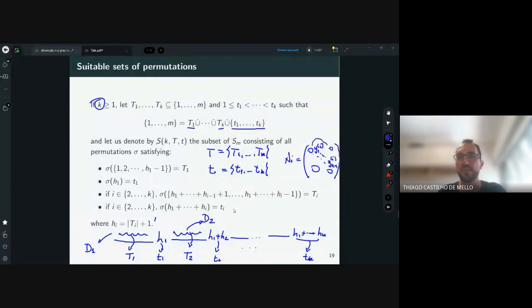So the only non-zero entries are in these entries above the main diagonal. Okay, so these matrices here will be evaluated on this. And the last one, except for the last one, will be evaluated on a generic matrix.